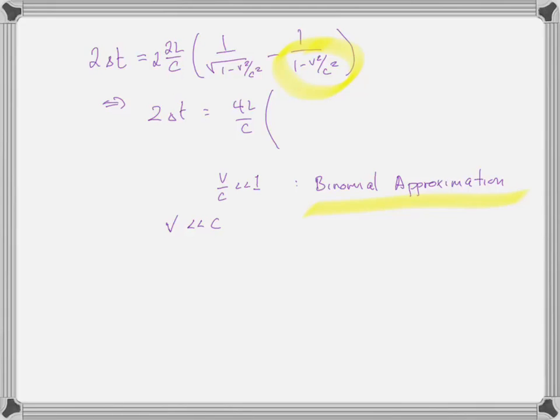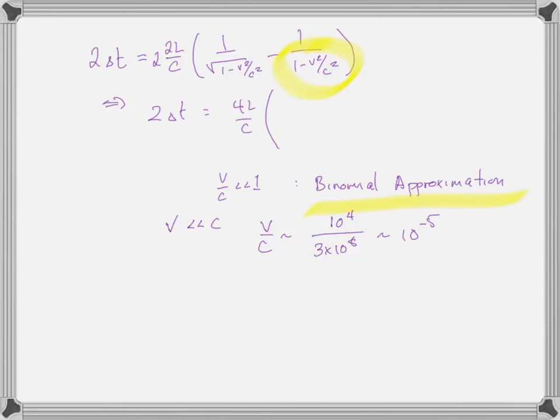If c is 3 times 10 to the 8th, and what's the highest velocities that we've got that aren't atoms in accelerators? The highest velocities we've got are at best 10 to the 4th, right? So v over c is about 10 to the minus 5. So it's not just 10 to the minus 2, it's 10 to the minus 5. So that's 5 decimal places, right?